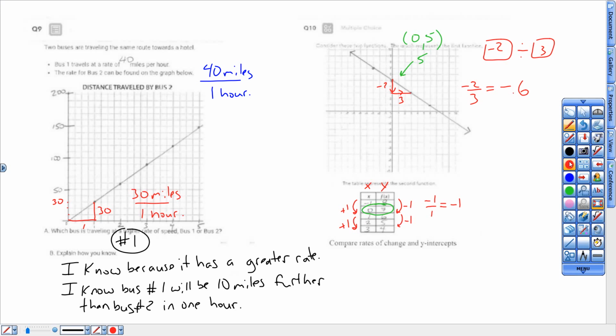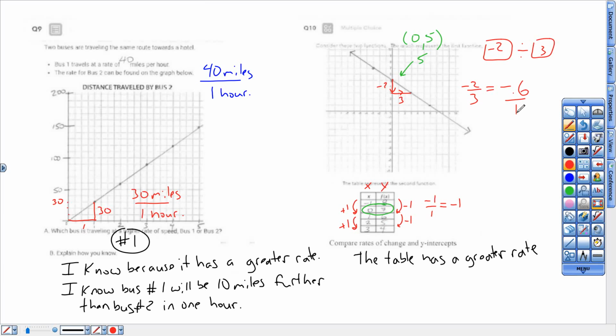So I could say the table has a greater rate of change. It's -1. That's going faster down than -0.6, which is really -0.6 over 1, really. Every time I go over 1, go down 0.6.